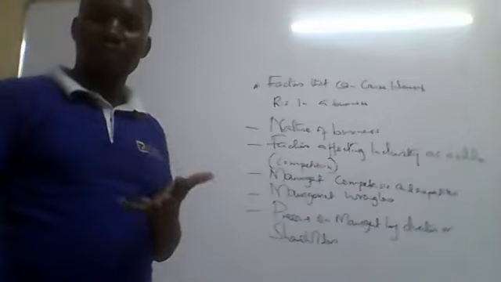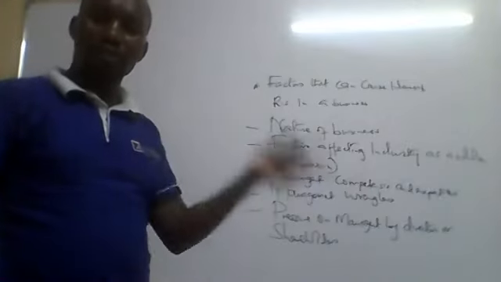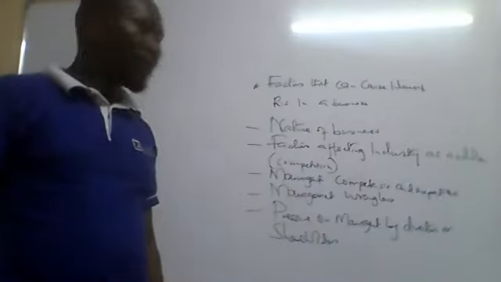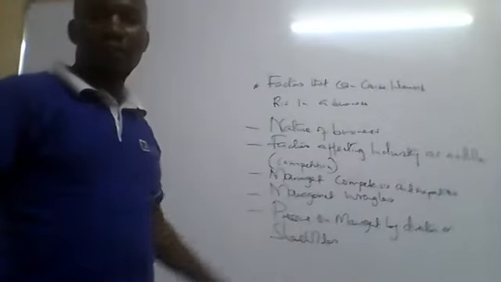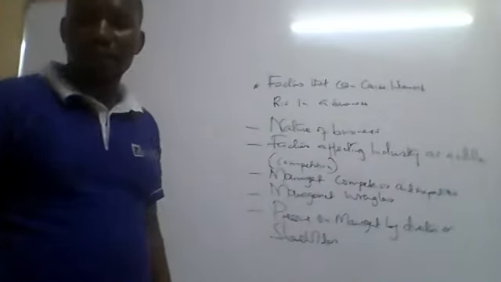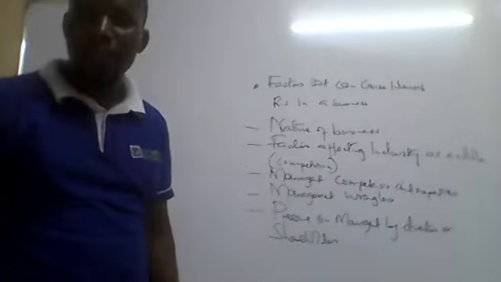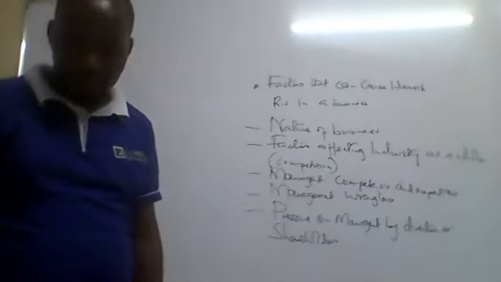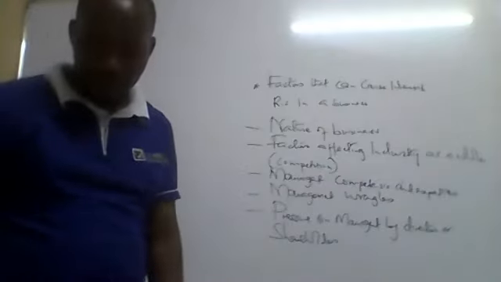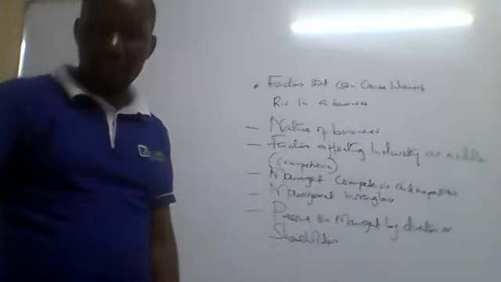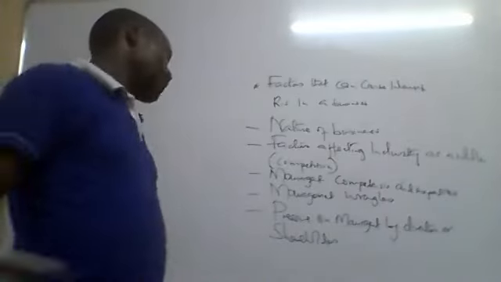Ndio, control haijakuwa strong. So that one goes to controls. But pressure on management, which control can you put there? Complicated accounts, yes. So we can talk about complexity of accounting systems or transactions, complexity of transactions.